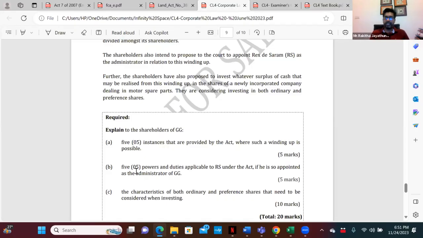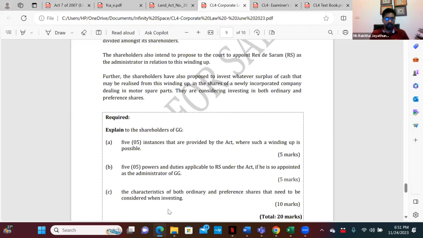When it comes to liquidation or winding up of a company, there are two important areas, mainly liquidation. The other one is something called administration. So this question is from administration, but we need more information. Then the characteristics of both ordinary and preference shares that need to be considered when invested.